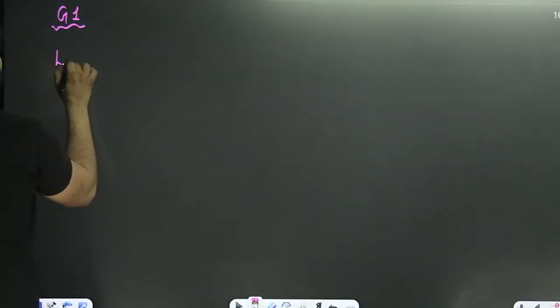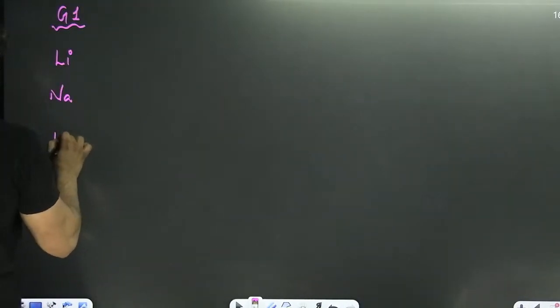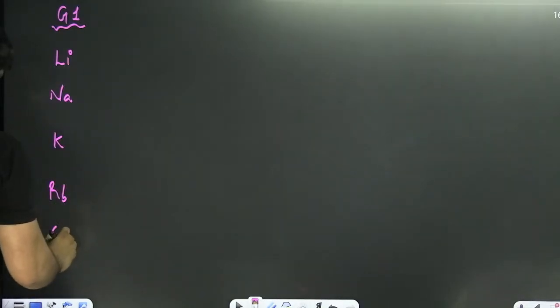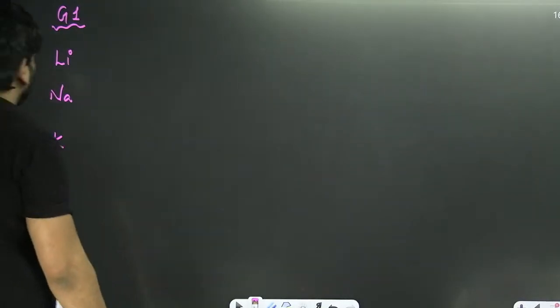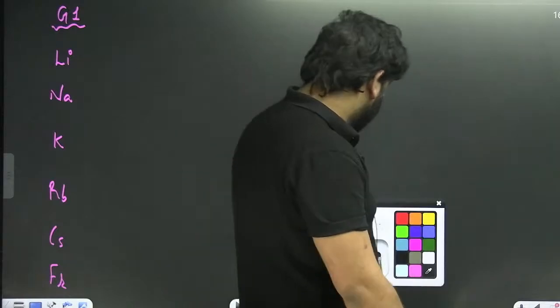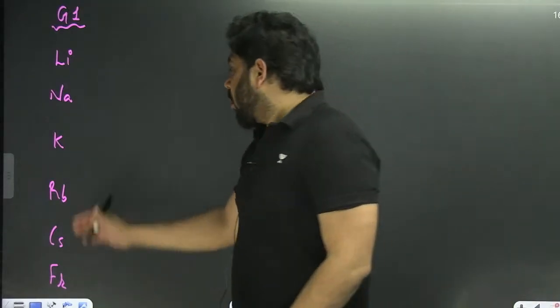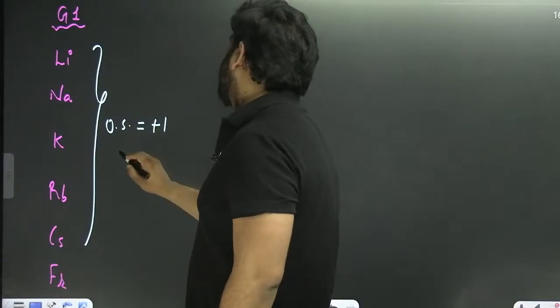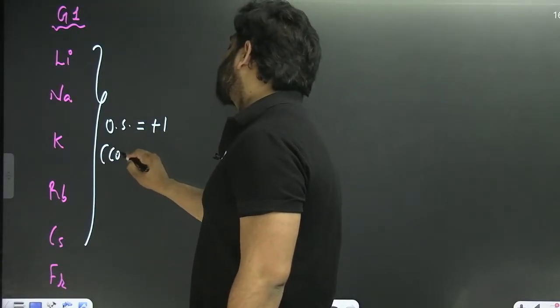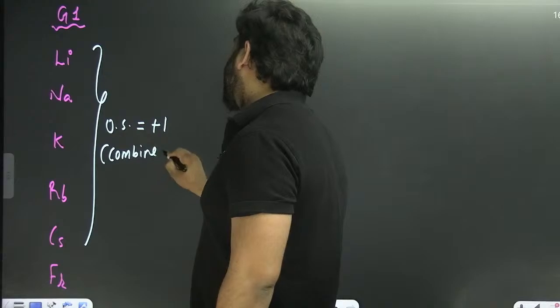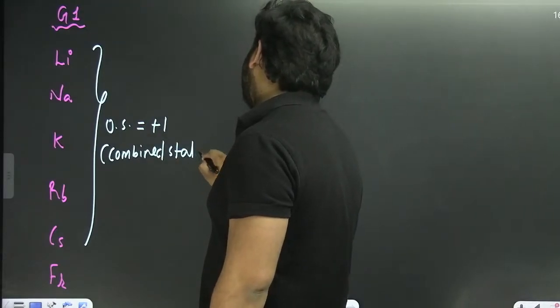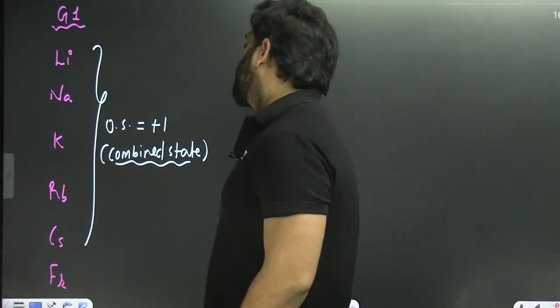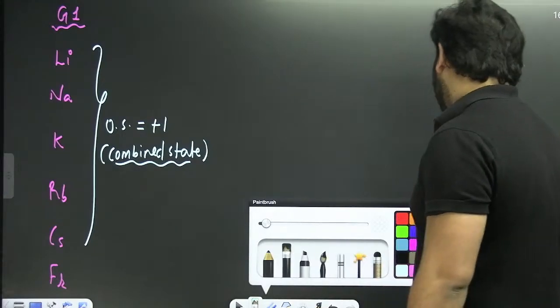Now I'll give you the idea of all the elements of group 1. So group 1 is, hey Leena, your lithium, sodium, potassium, rubidium, cesium and francium. All of them have an oxidation state of +1 in their combined state. Combined state as in whenever they are connected with some element, oxidation state is +1.